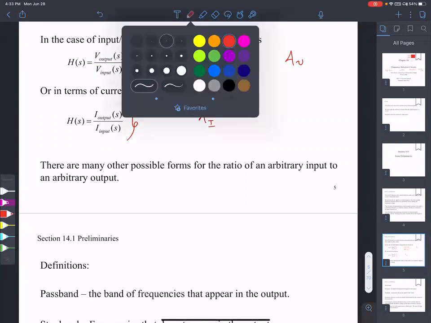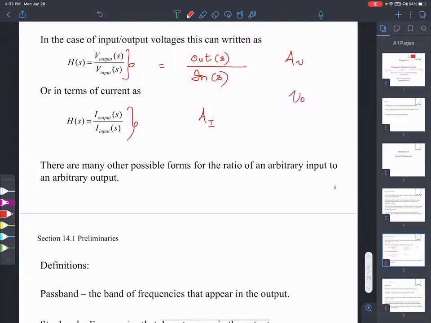But then you can also have your output voltage and input current. So this is called a transimpedance. Then there's also transconductance, I output over V input.